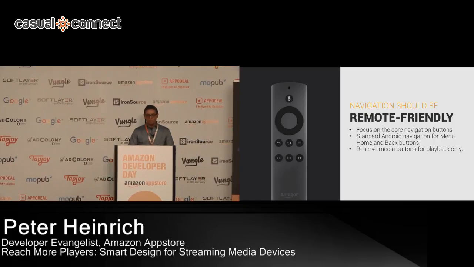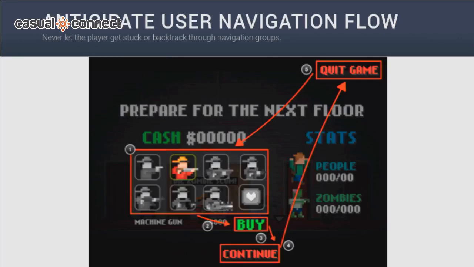You don't want to confuse the user if possible. User-centered design also means anticipating user interaction in order to minimize the amount of work they have to do. So if you know, for instance, that most people buy one item and then return directly to the game, maybe you pre-select the continue button after they make a purchase.